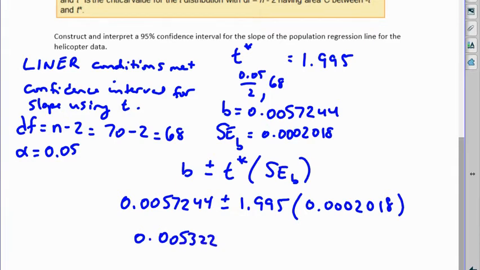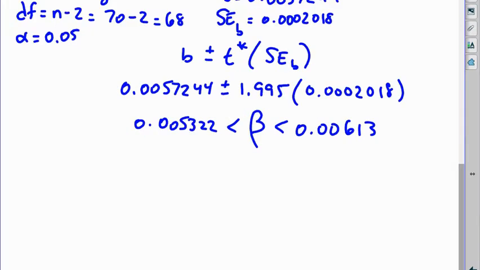And so when we add this, we get a low value of 0.005322 and a high value of 0.00613. And we are predicting the population symbol, beta, because that would be the true slope of the linear regression line.